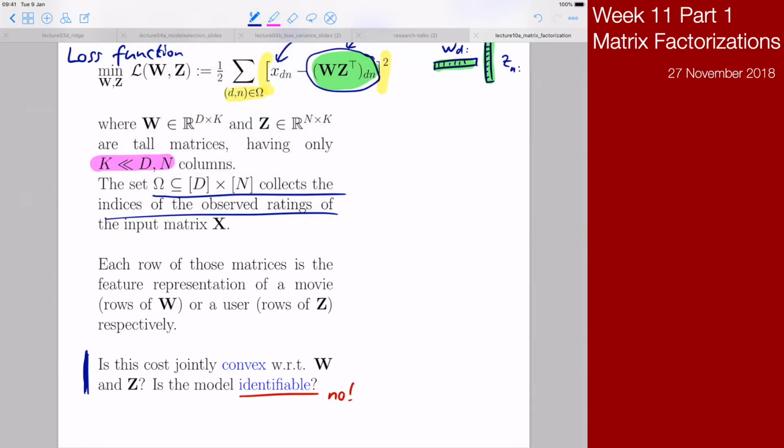Using the notation W star, Z star, you can form a new solution: beta times W star, and the other one you divide by the same factor. If this was a solution, then this is also a solution, also optimal.